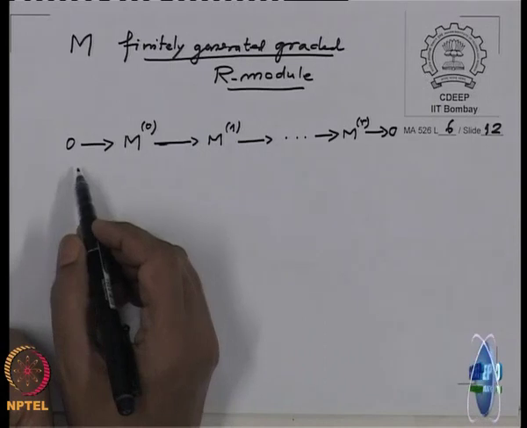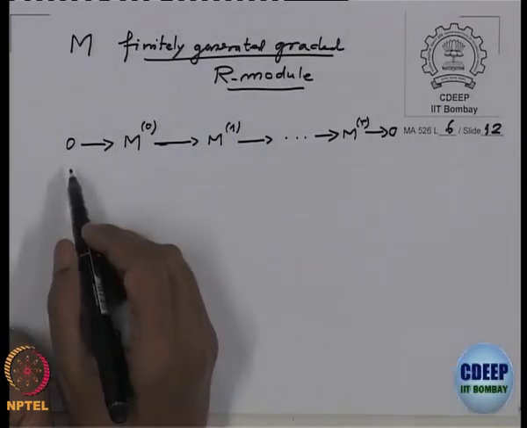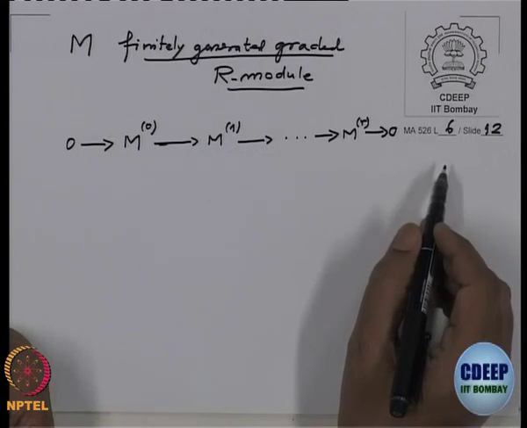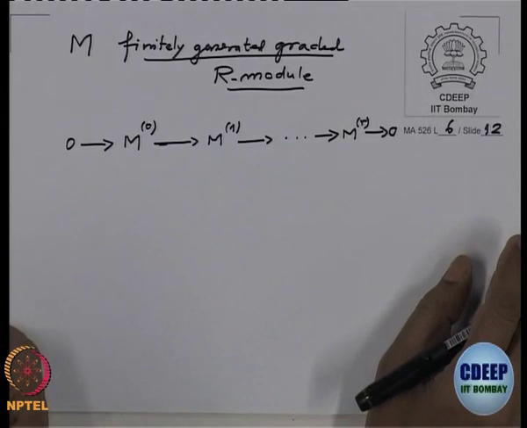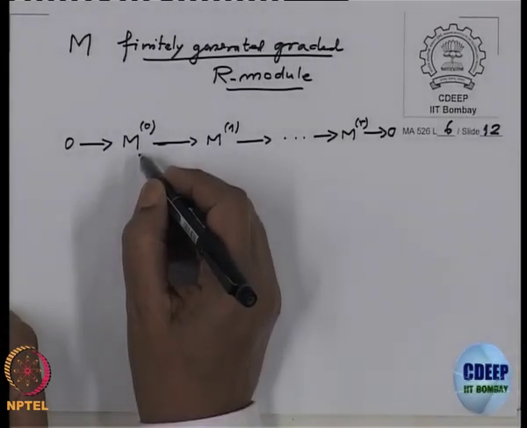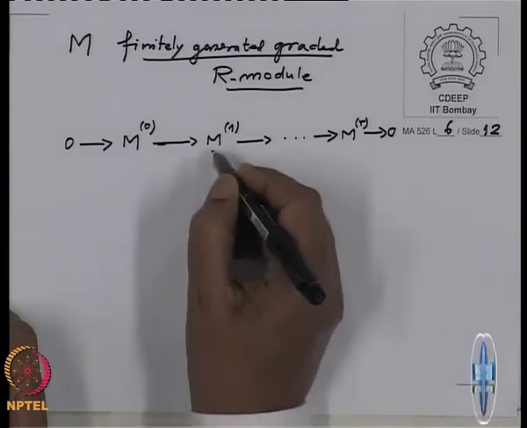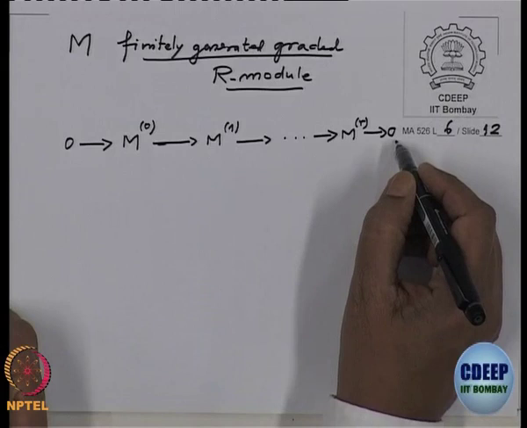This is a long sequence of graded modules and graded homomorphisms, and exact means image equals kernel at each stage, and at this stage it is injective, at this stage it is surjective.